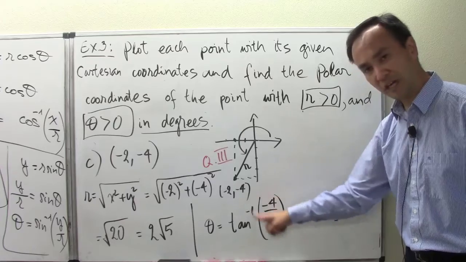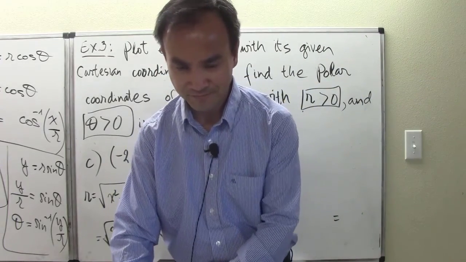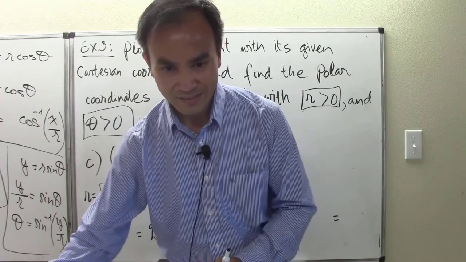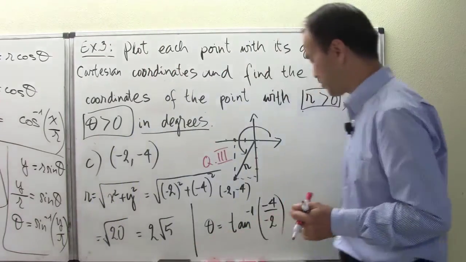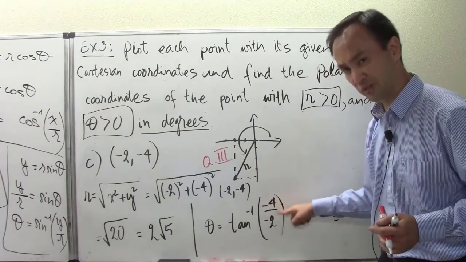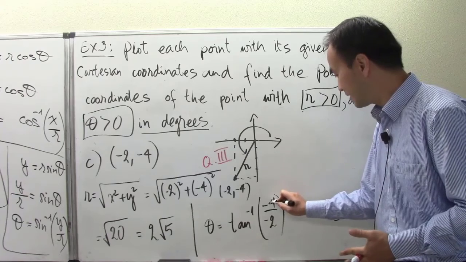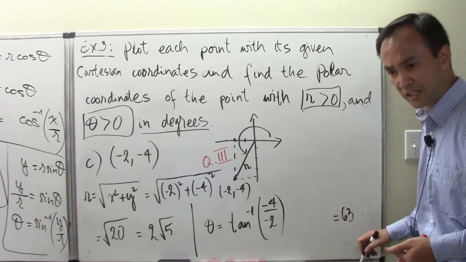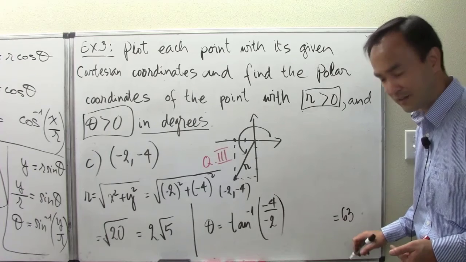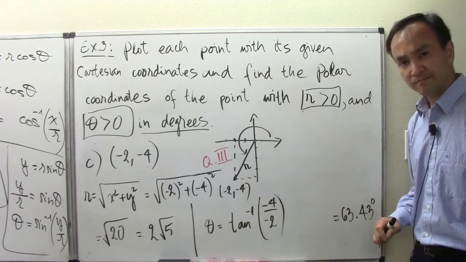This is what we're typing in. The calculator gave me a tangent inverse of positive 2 of only 63.43 degrees.